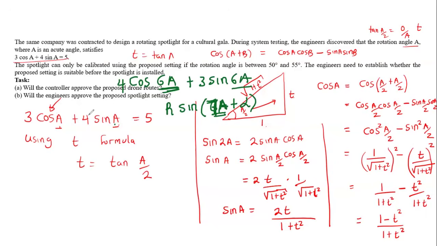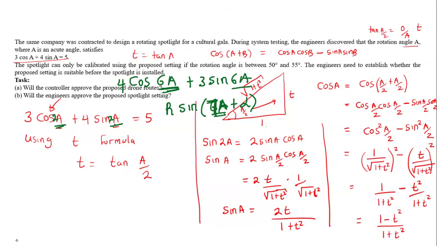In case this was 2a and this was 2a, the best formula I can recommend is R. If these angles are not single angles, the best approach is R, unless you know how to express them as a single angle. That's when you can go on and use your t formula.